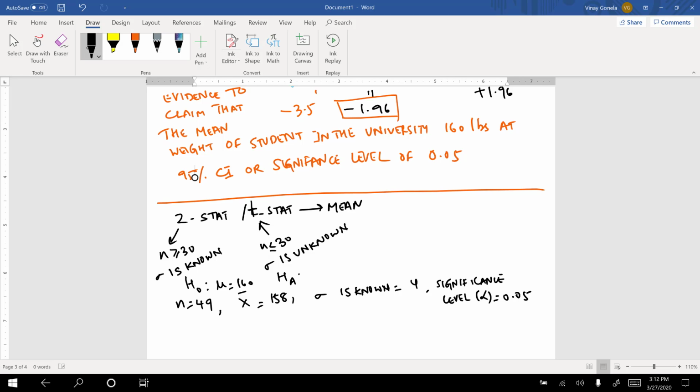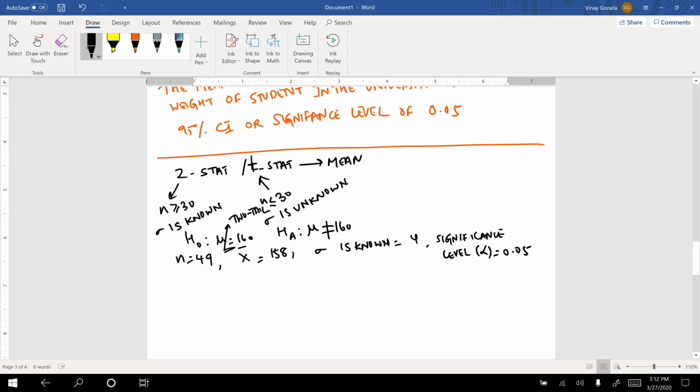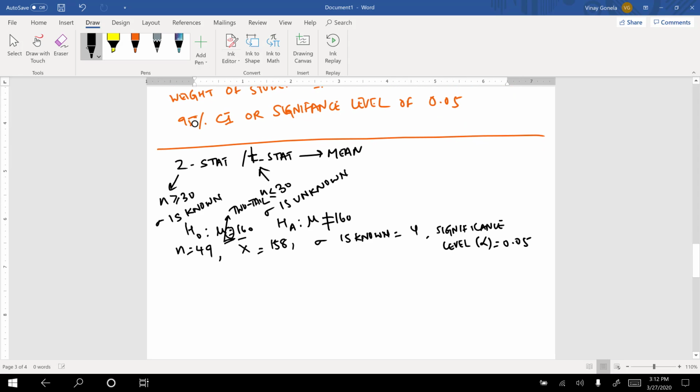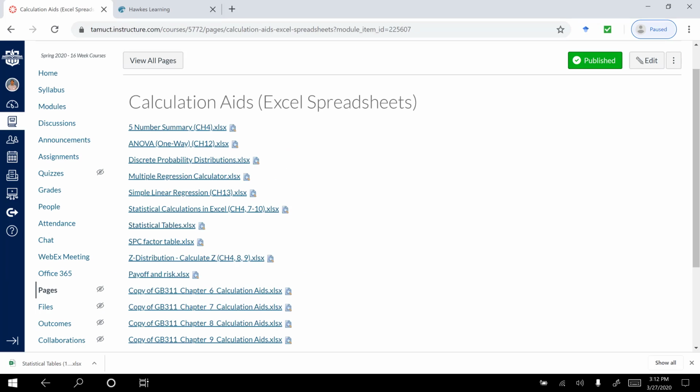Alternative hypothesis is mu not equal to 160. So when you see an equal sign here, you would know it's a two-tail problem.